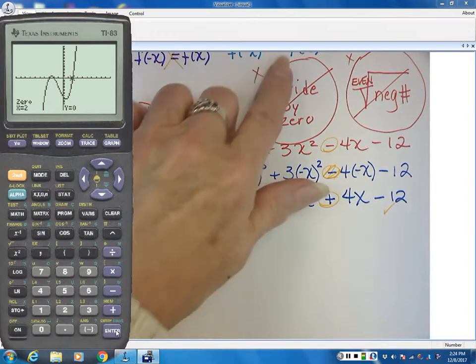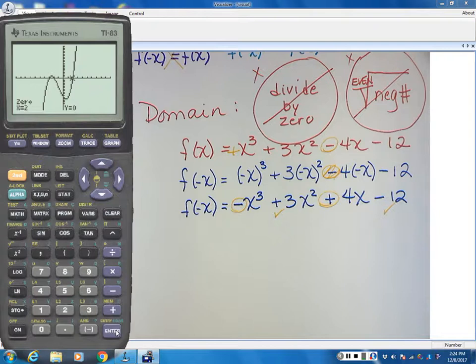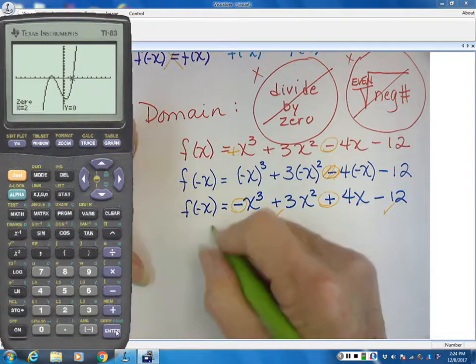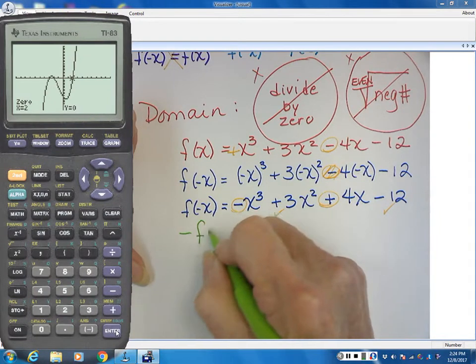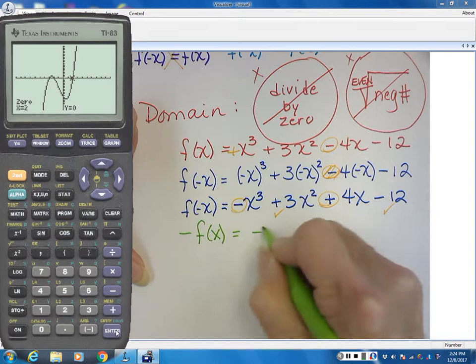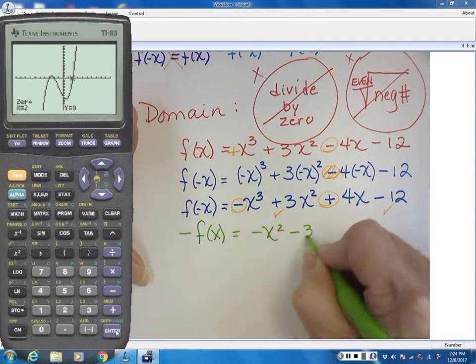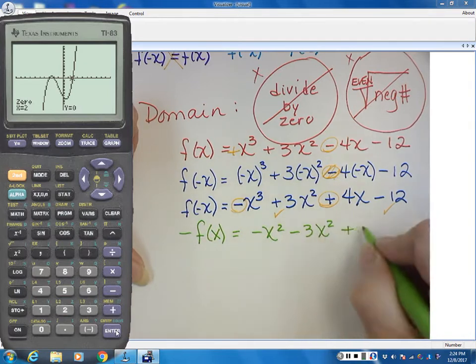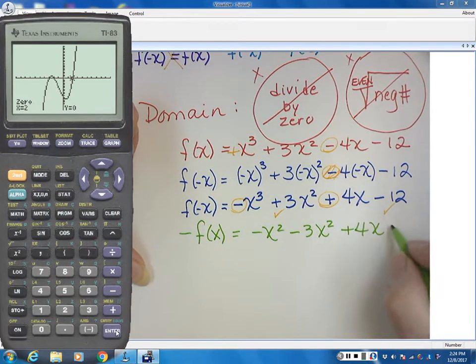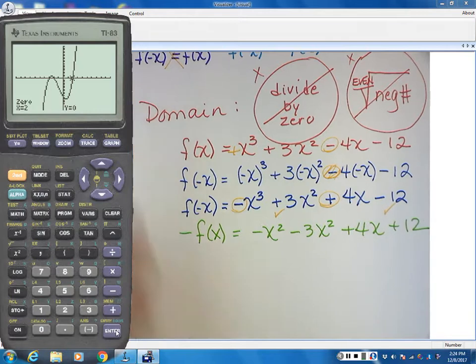The opposite of f of x just means change all the signs. So there's the opposite of f of x with all of its signs changed. And there again, you're going to compare. Does everything match?